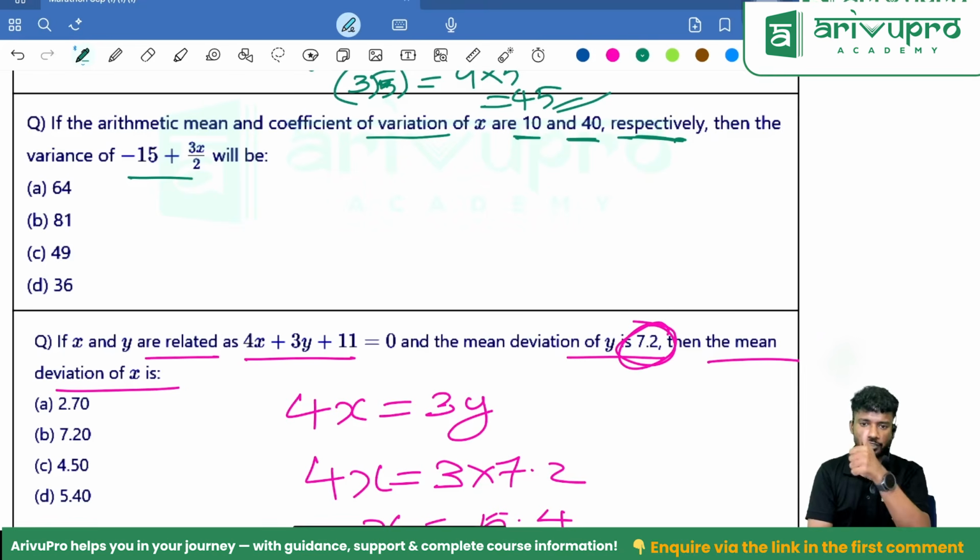Got it? Good. Everyone, how many of you got it? Perfect.